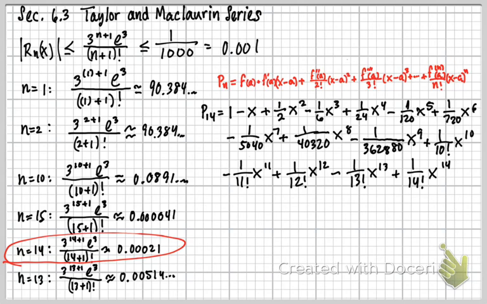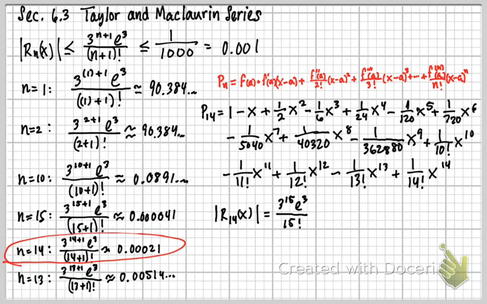So our R14 of x, and I'm just going right back to the top here, is going to equal 3 to the 15 e cubed over 15 factorial.